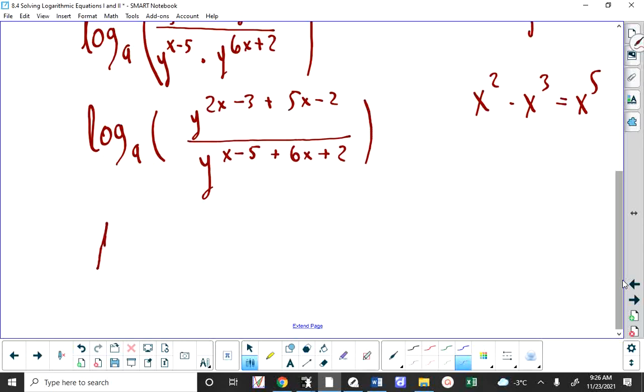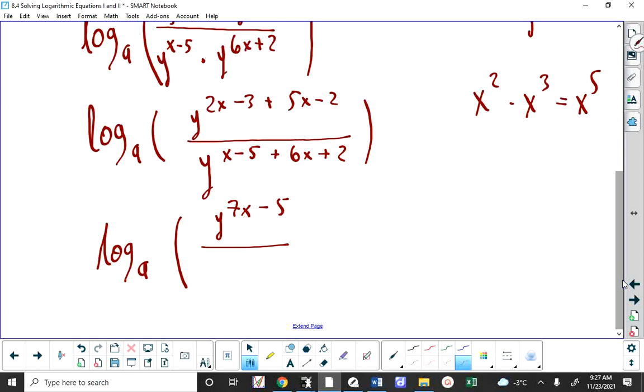We're getting there. This is going to be log base A of, on the top we have y to the 7x minus 5. I thought I saw a 3 here. 2x plus 5x is 7x, negative 3 minus 2 is negative 5.